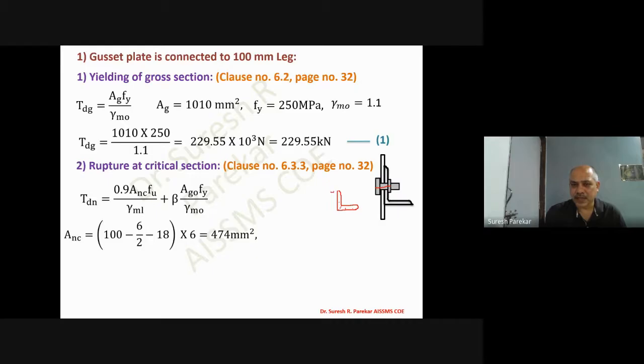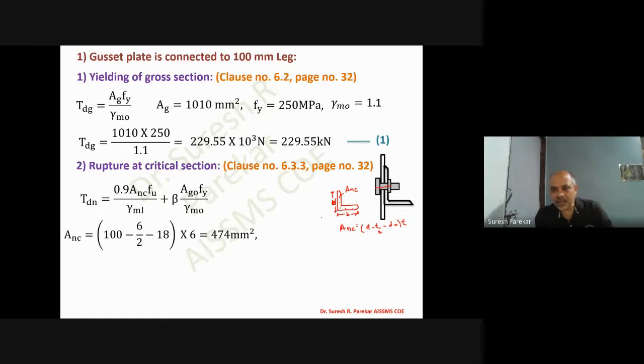So if I have this as D and this as B, then the area of the connected leg, which is Anc, I will get as (D - t/2 - diameter of hole) into t.